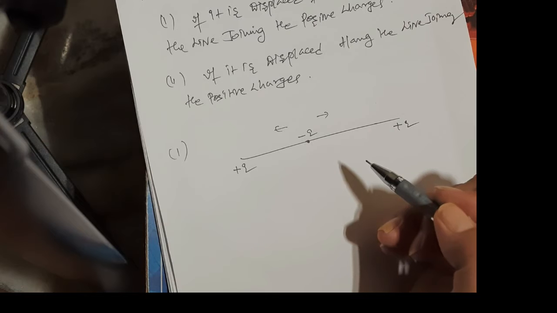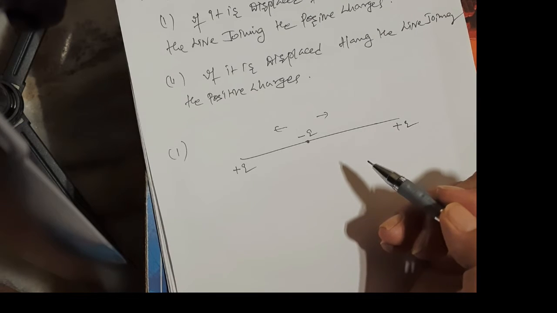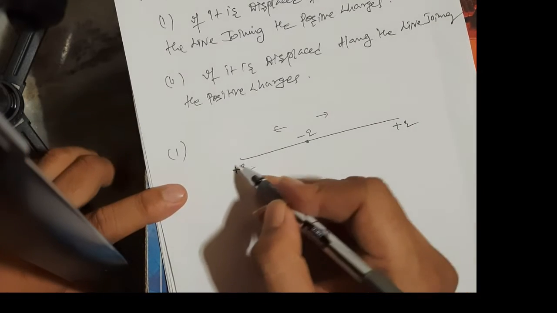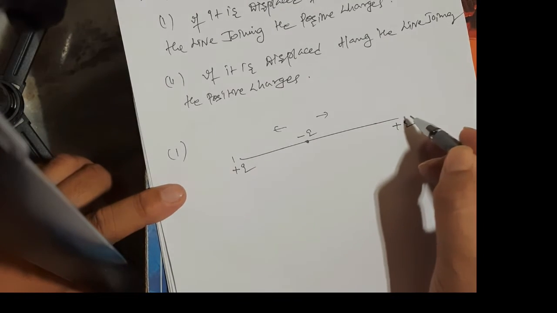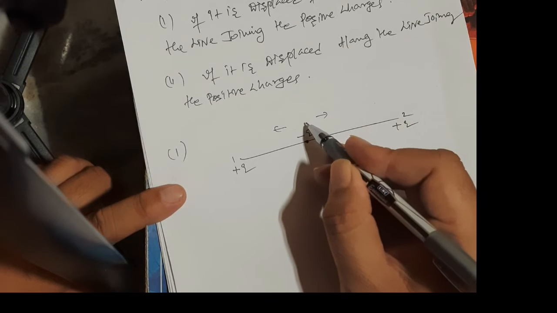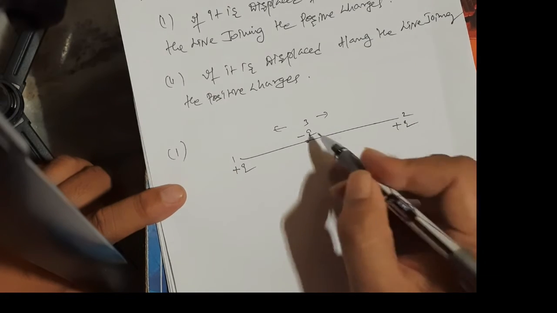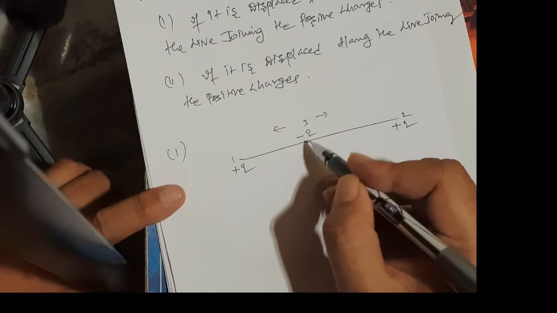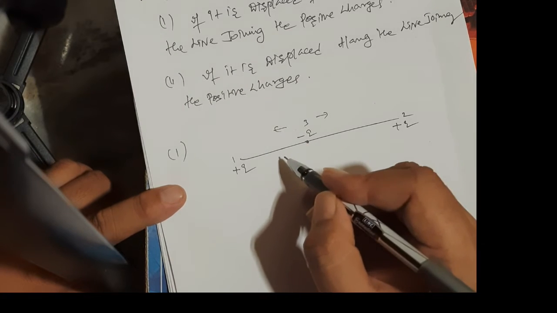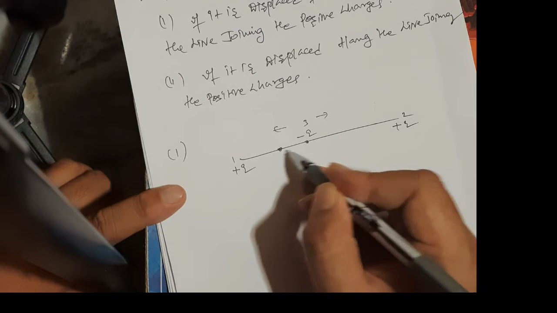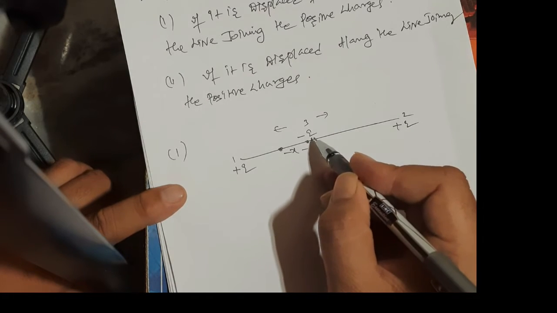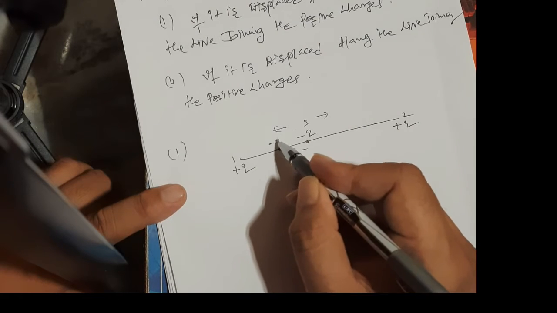But what happens? We give numbers 1, 2, and this is 3: charge 1, charge 2, charge 3. What happens if this charge is slightly displaced towards the left up to distance x? This charge is brought here.